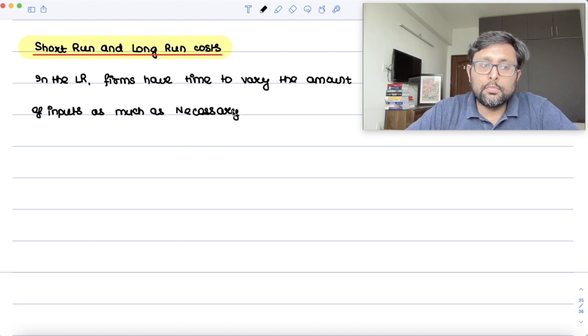So, in the short run, at least one of the inputs is considered to be fixed.